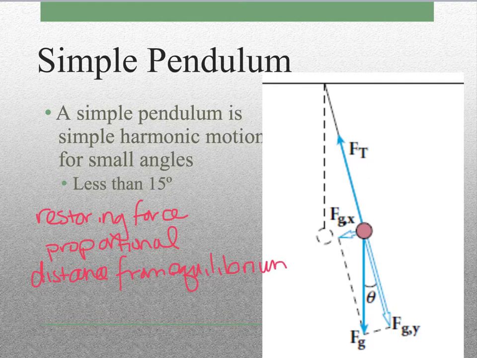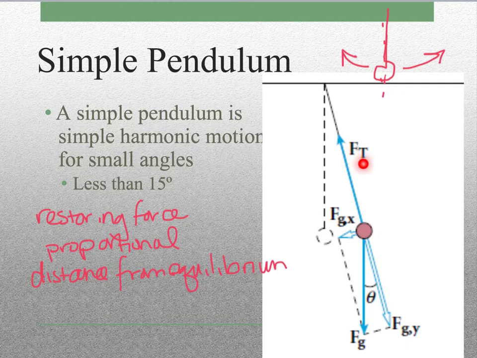So on a pendulum, equilibrium is essentially the bottom point of a swing. It can swing up here and swing up here, but this point in the center here is our equilibrium position. So what happens is we end up with this force of gravity, okay? And any time that the pendulum isn't at the equilibrium position, the force of gravity is not opposite the string pulling it up.